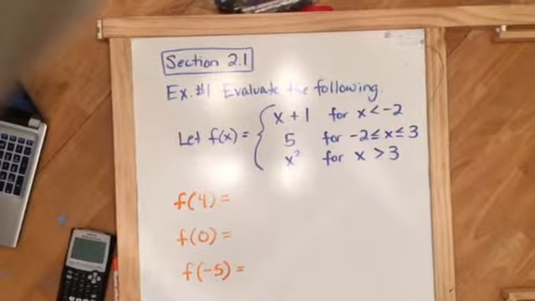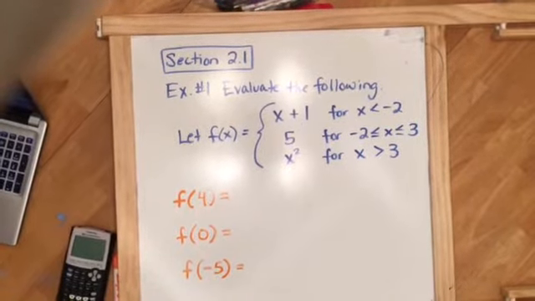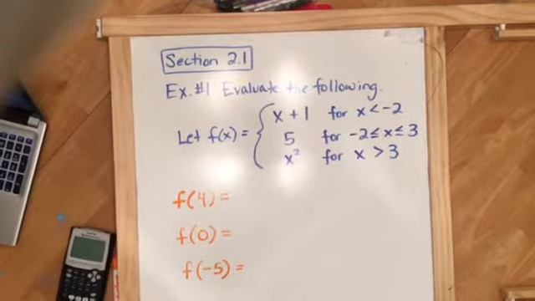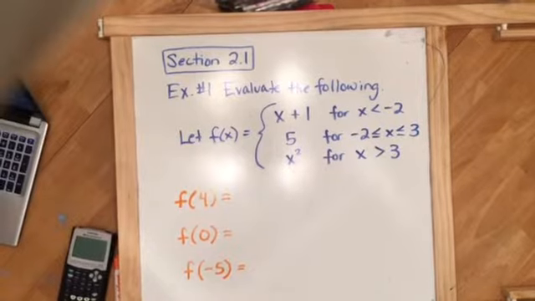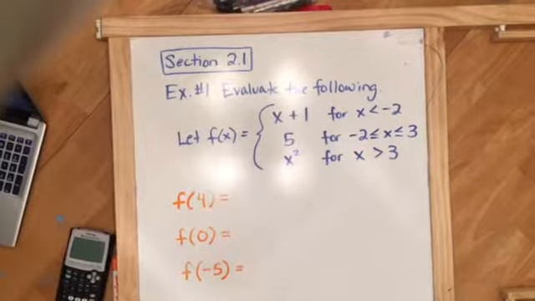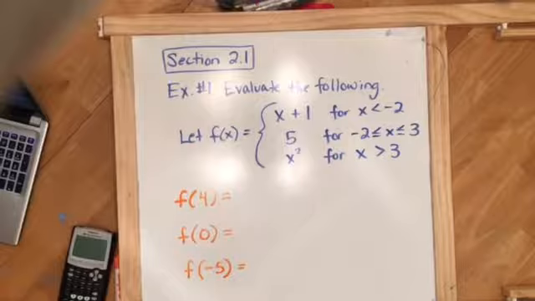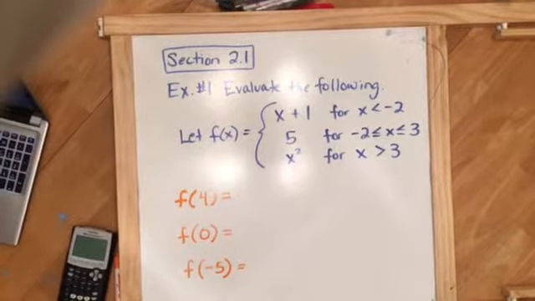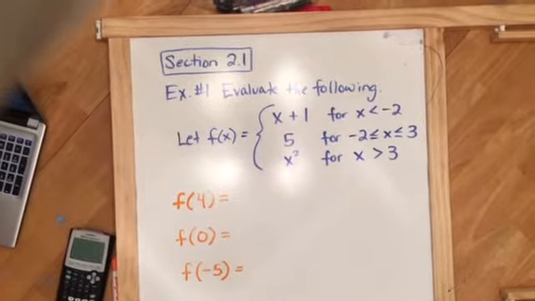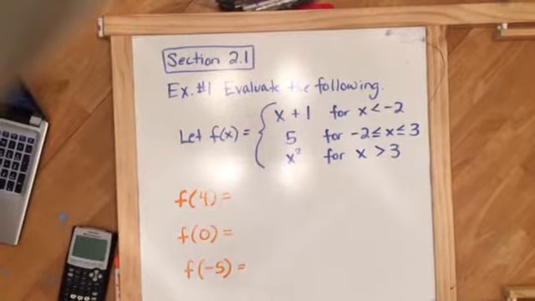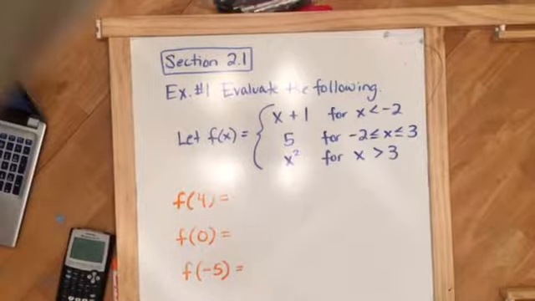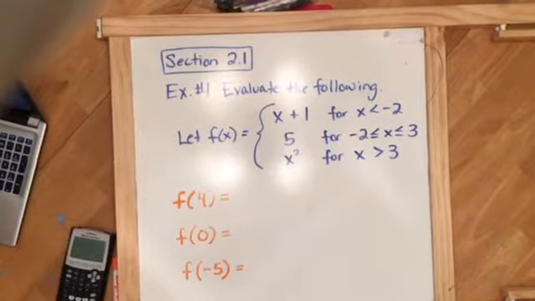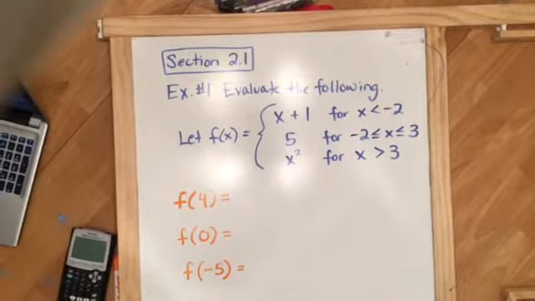We are going to start off with piecewise functions, and you're going to see a couple videos on this exact same function. So if you're taking notes, you want to go ahead and write that down. Once we cover this example, you are going to be able to go to the homework for 2.1 and complete numbers 6 through 8.